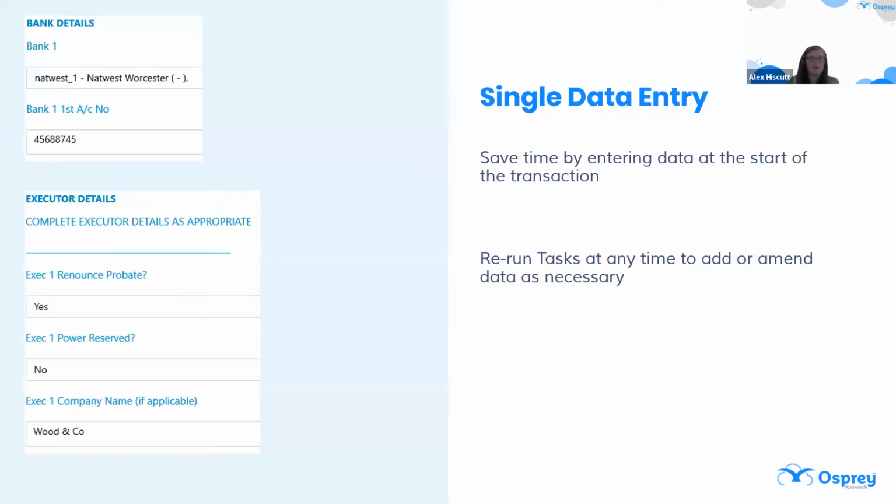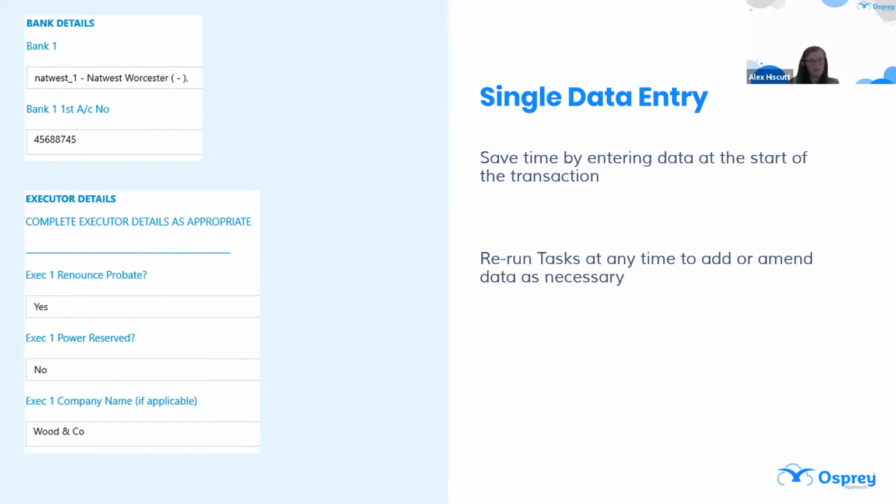So in terms of what's contained within the workflows, something that we use in all of our workflows are questionnaires, and they allow you to enter data against a matter. So you can see here in this example, we've got bank details and we've got executor details, just a small snippet from one task within the workflow. So in the probate workflows, you'll be entering these details, executors, beneficiaries, banks, building societies, and so on.